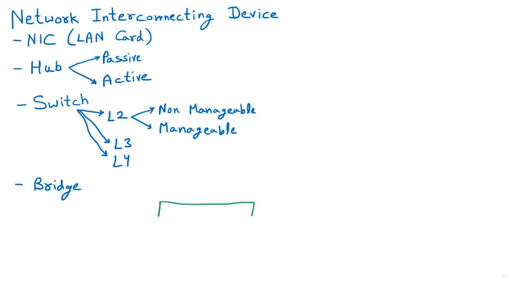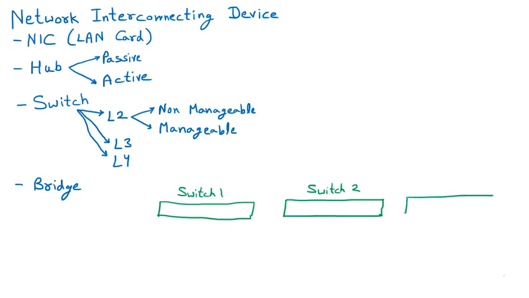Let us suppose this one is switch number one. Then afterward, we are having one more switch, and that is switch two. And then we are having one more switch, that is the switch 3.